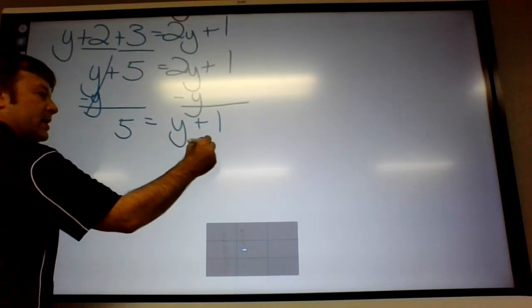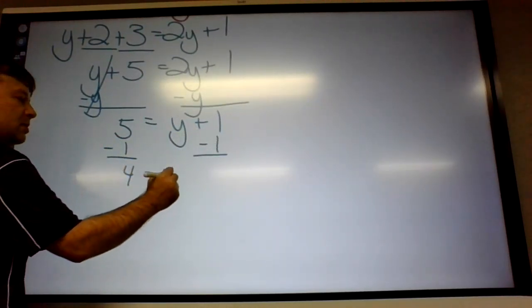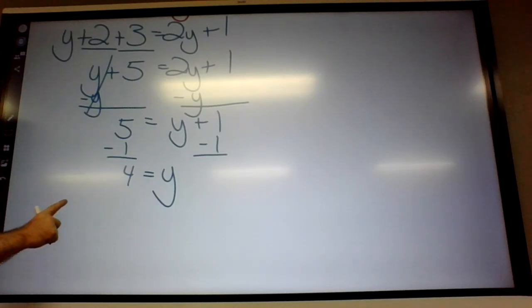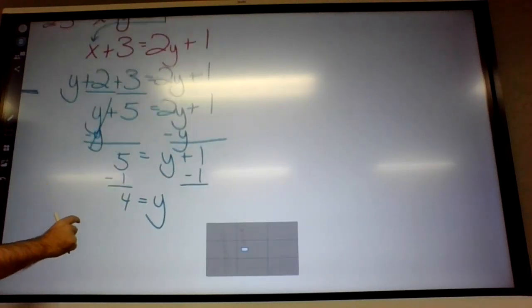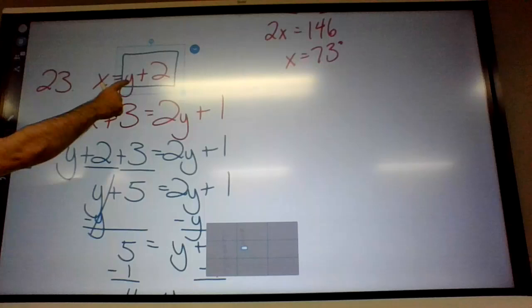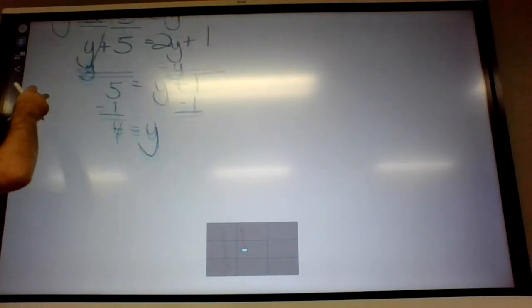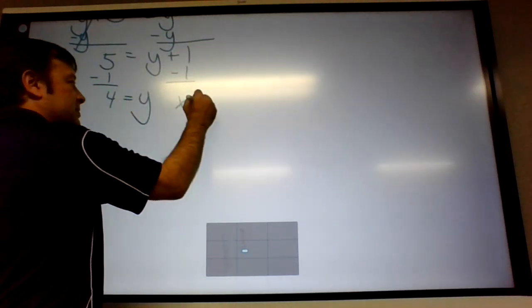So y is 4. How do I find x though? Plug it in. 4 plus 2 equals x, so x is 6.